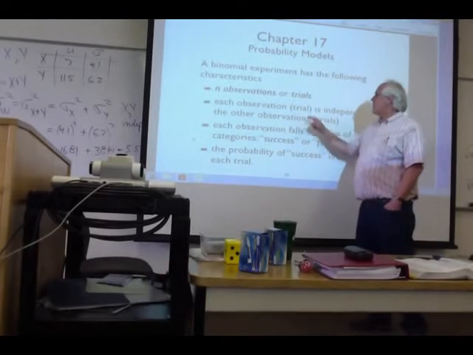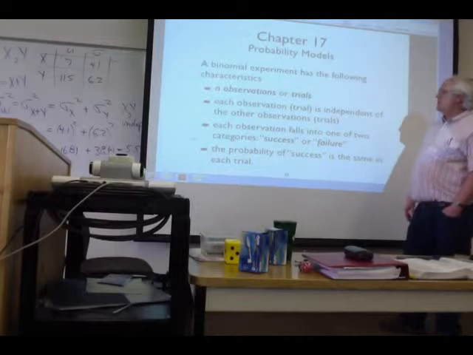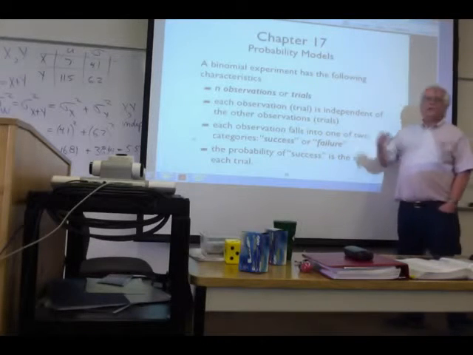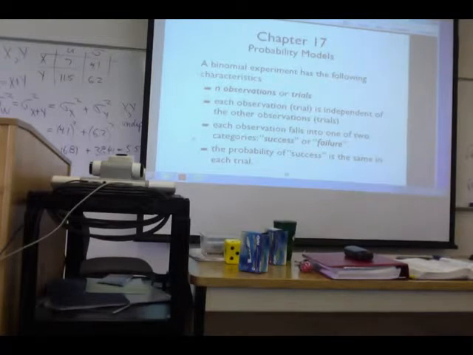Now, each observation or trial is independent of the others. When I flip a coin, what happens on the 5th toss doesn't influence anything subsequent, or is not influenced by anything prior. They're all independent. Each observation falls into one of two categories: something we call success, something we call failure.